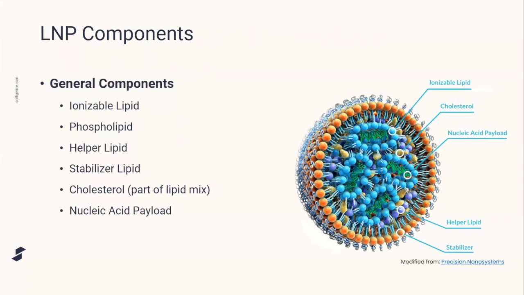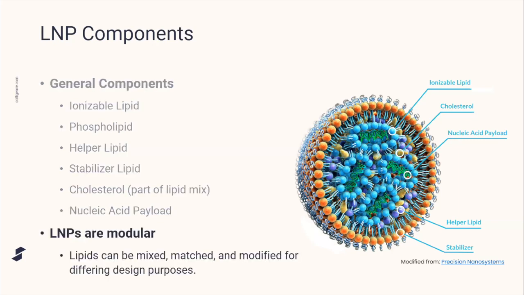So in general, lipid nanoparticles are composed of a lipid mix, and most commonly now a nucleic acid payload. So the lipid mix can include an ionizable lipid, phospholipid, helper lipid, stabilizer lipid. Several include cholesterol or a modified cholesterol, but it doesn't necessarily have to include all of those. Lipid nanoparticles are very modular, so they can be mixed, matched, modified.